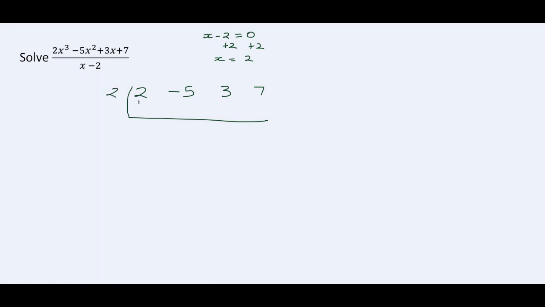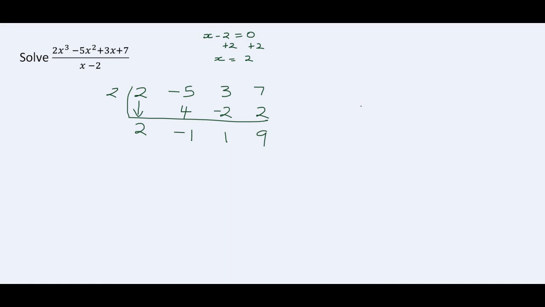So the first thing we're going to do is bring down the 2. 2 multiplied by 2, we have 4. Minus 5 plus 4, we have minus 1. Minus 1 multiplied by 2, we have 2. Actually, we have negative 2. 3 plus negative 2 is 1. 1 multiplied by 2 is 2. 7 plus 2 is 9.